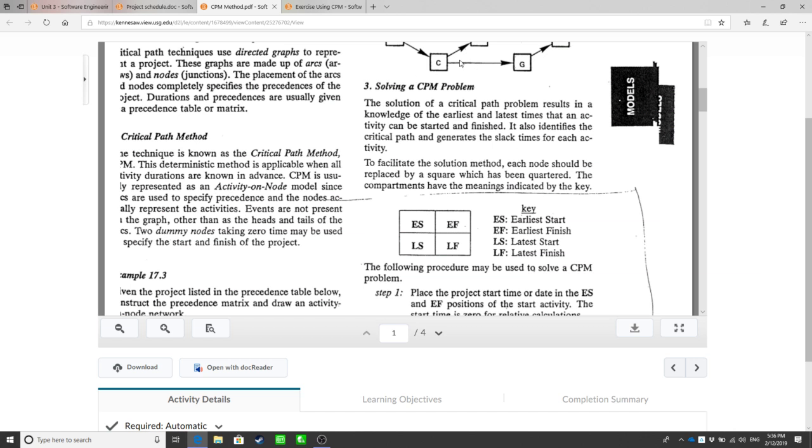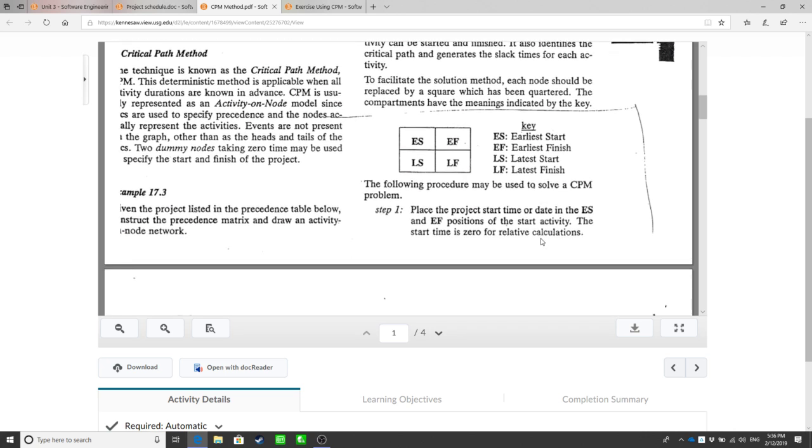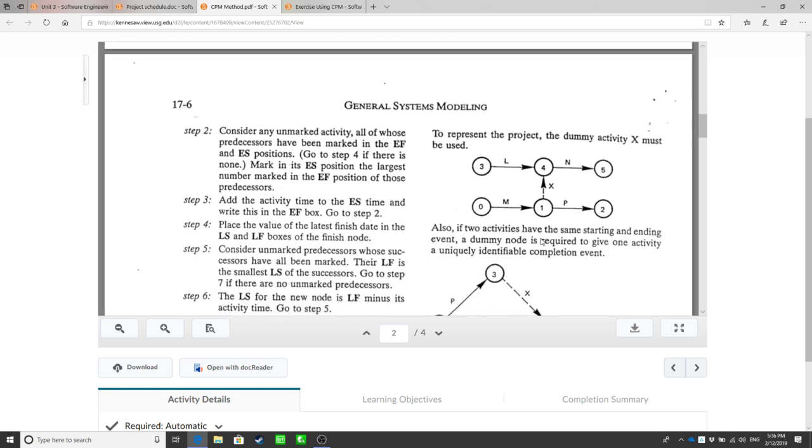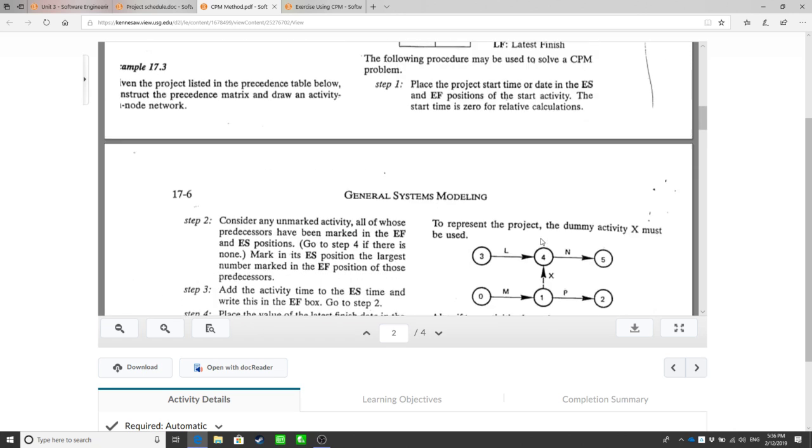So we replace each node with a square which has been quartered, so we have four sections here. Then we need to follow these steps, step 1 through step 8. Let me quickly go through. Maybe you'll get confused, but let's do this here.